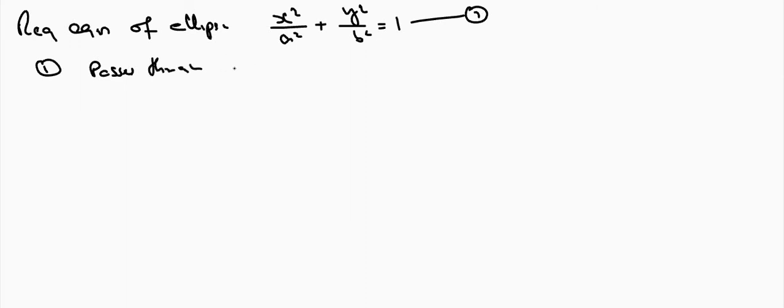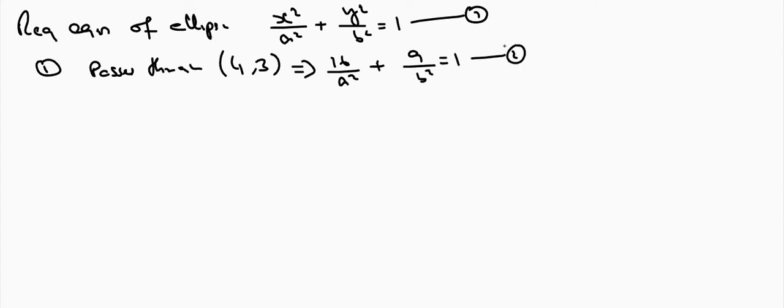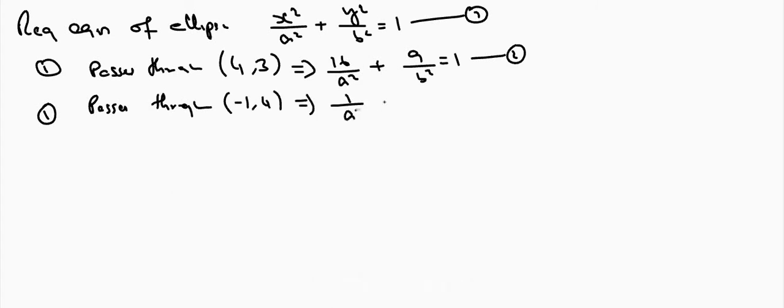The first point is 4, 3, so we substitute x equals 4 and y equals 3, that is 16 by a square plus 9 by b square equals 1, equation number 2. It also passes through the point minus 1, 4, which implies 1 by a square plus 16 by b square equals 1, equation number 3.